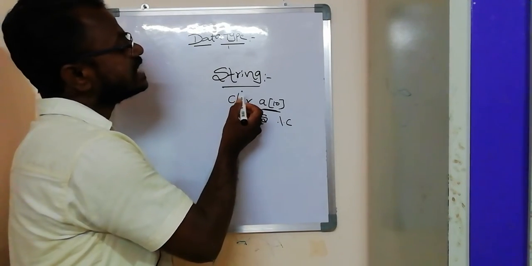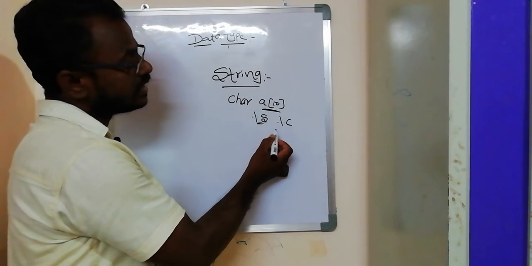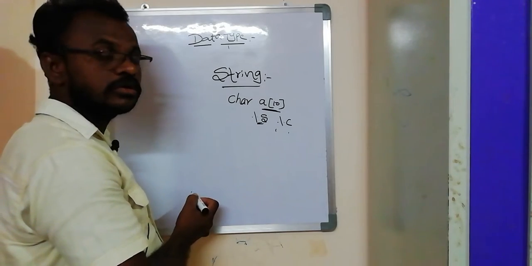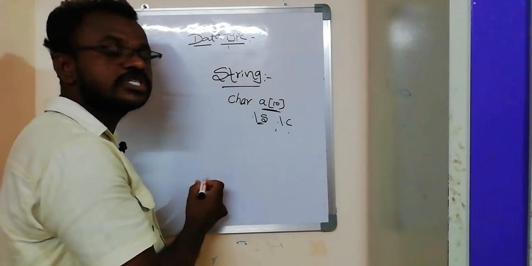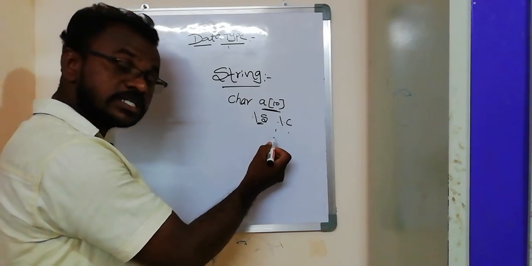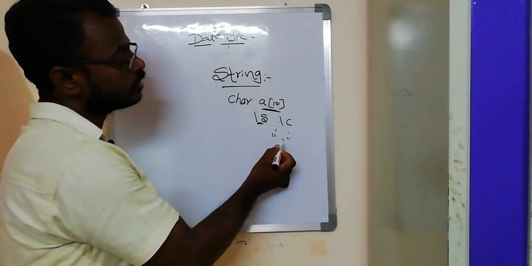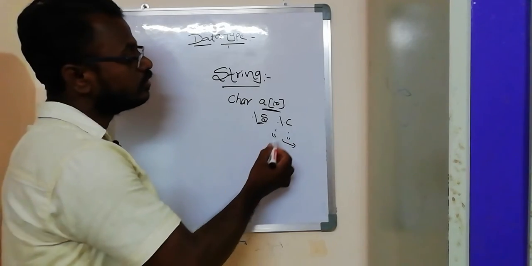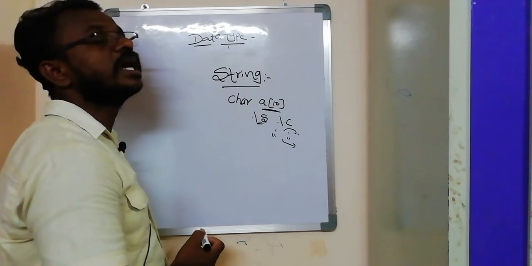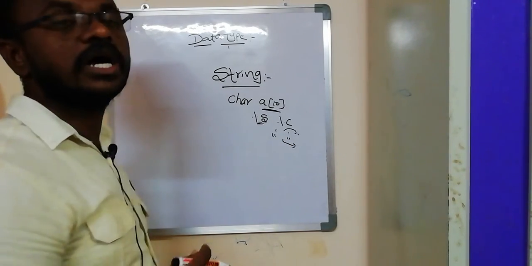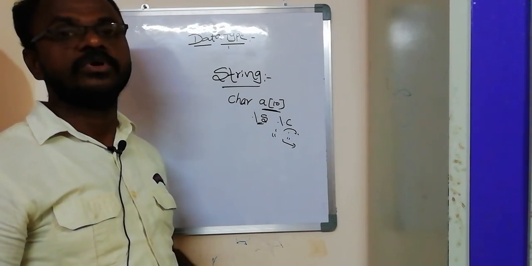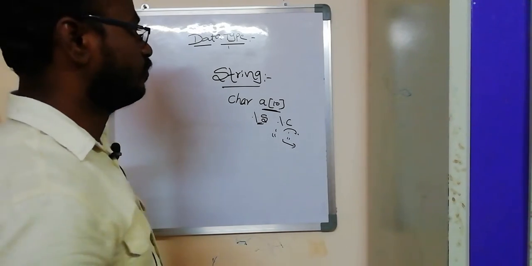In a character value we use single quotes. Similarly, we declare a string value within double quotes. Within double quotes we write the string value, within single quotes we write the character value. This is the string data type information.